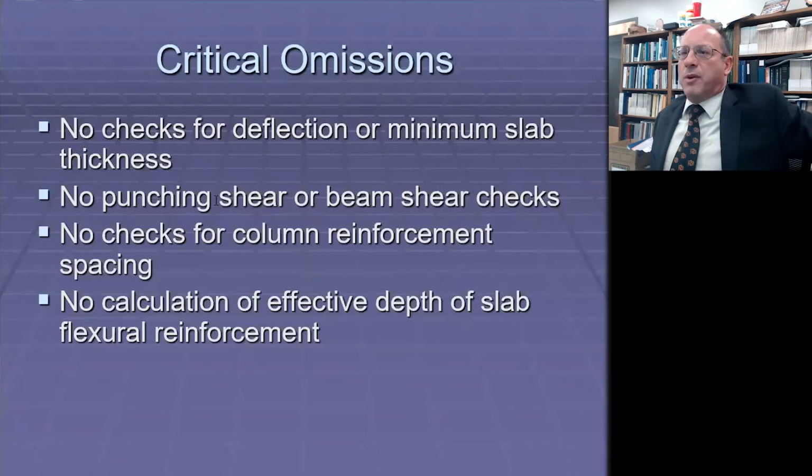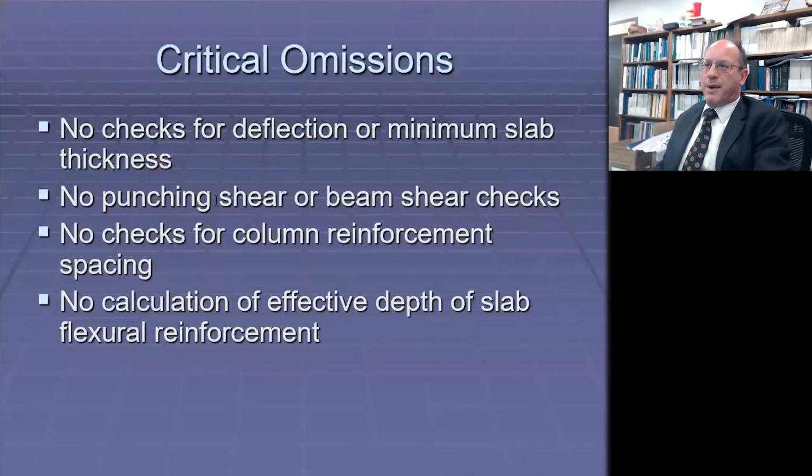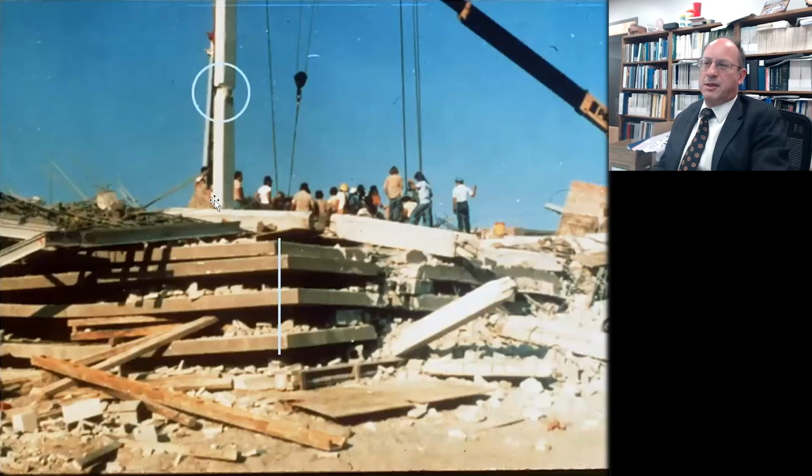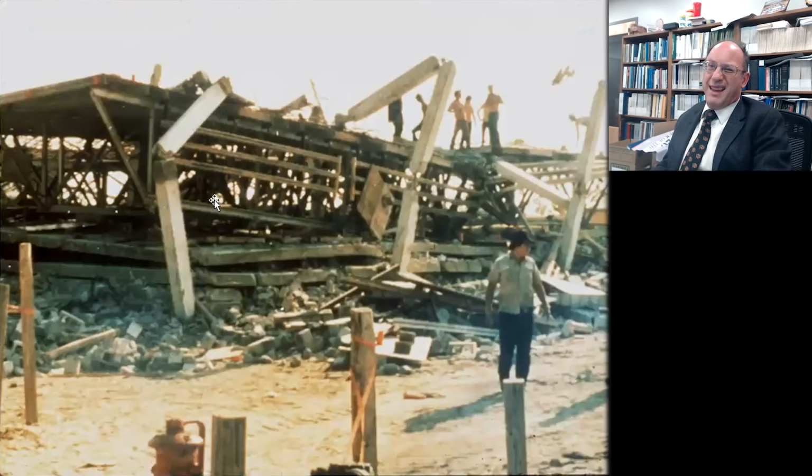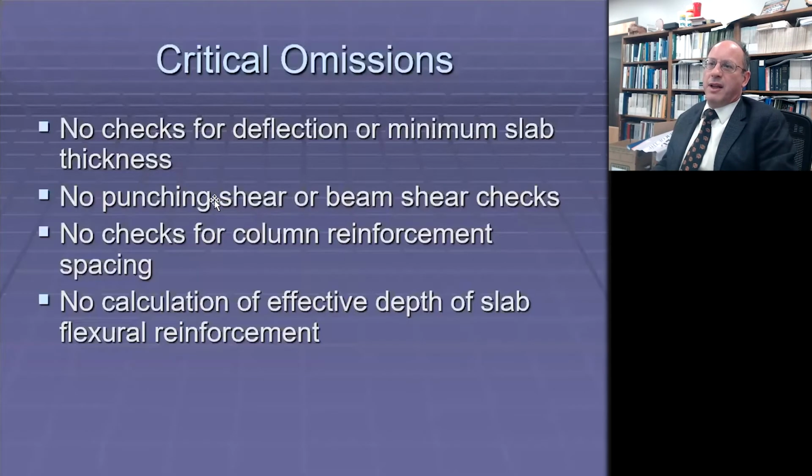Also, the column reinforcement spacing. So if you look back, those columns look very thin for a building of that nature, but they're also very heavily reinforced to the point where you almost could not get the concrete into them. And there was no calculation of the effective depth of the slab flexural reinforcement.